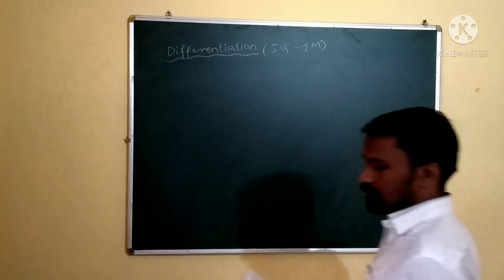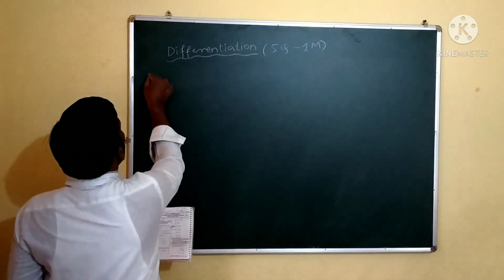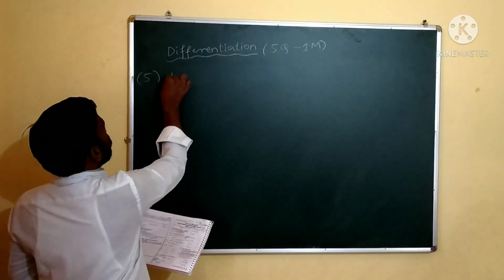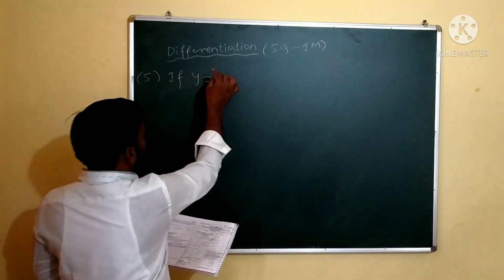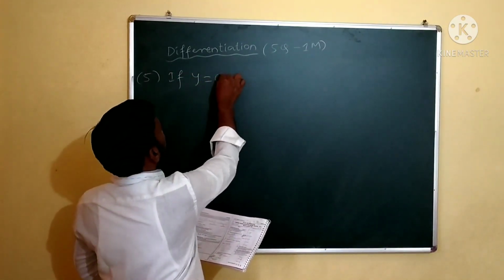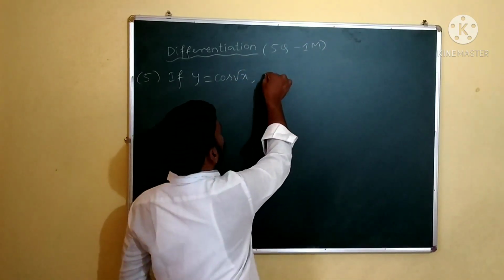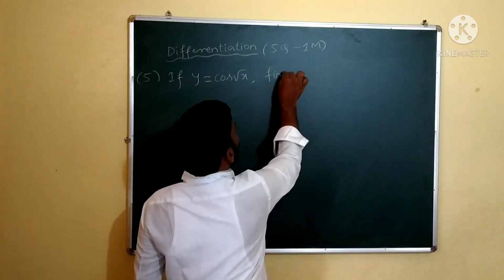Take one more question. If y is equal to cos of root x, then find dy by dx.